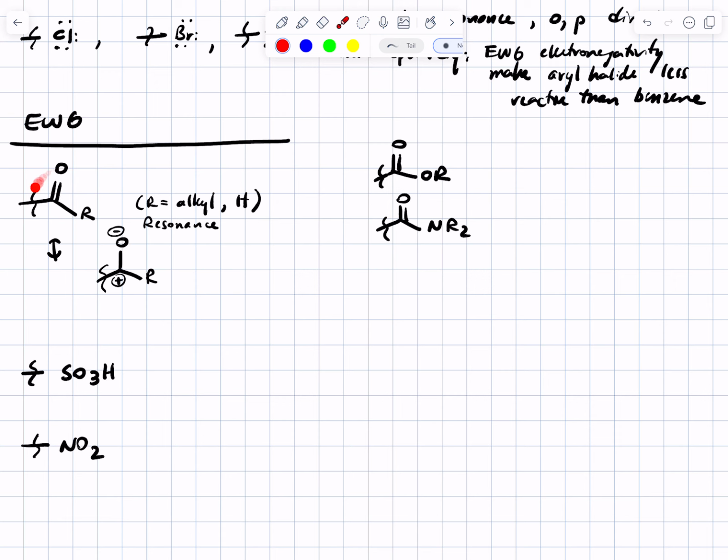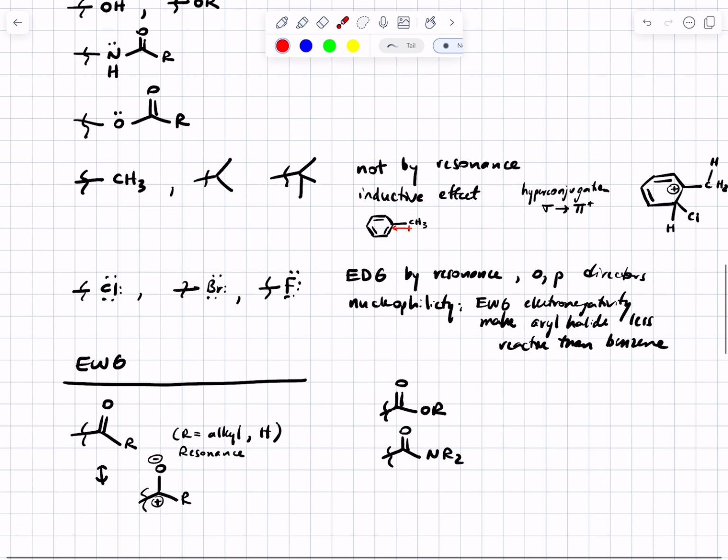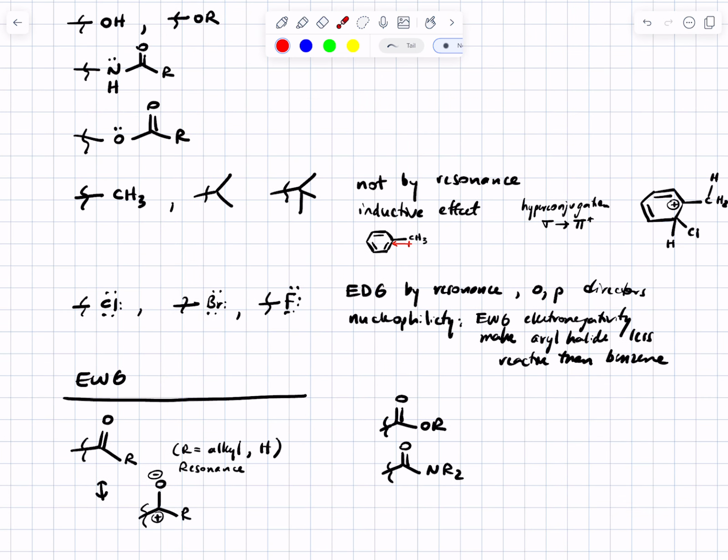So you would predict that the ketone would be a better electron withdrawing group than the ester. Notice the difference between what I just drew here and what I drew there. It's different depending on how you attach to the benzene ring, via the oxygen, in which case it's a donating group, or via the carbonyl carbon, in which case it's a withdrawing group. All right. Questions about that?